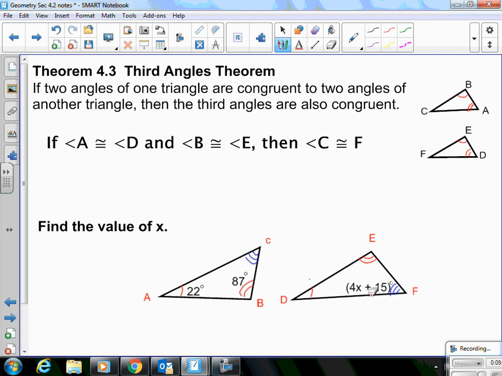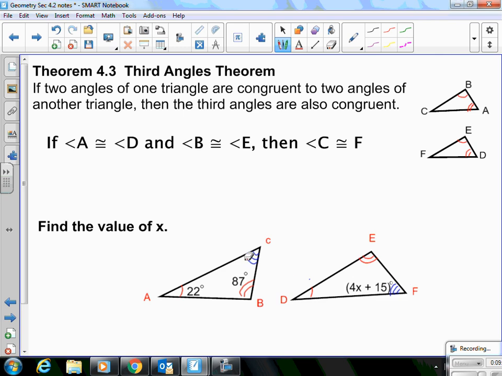And so in order to solve for x, we've got a little bit to figure out, but we know two of the angles in this triangle, A and B, are 22 and 87, and those match up with D and E here.